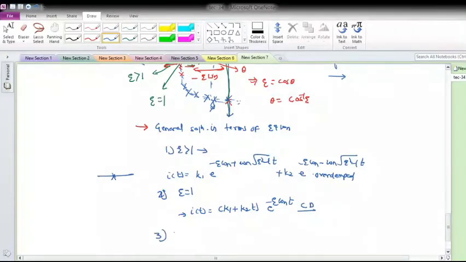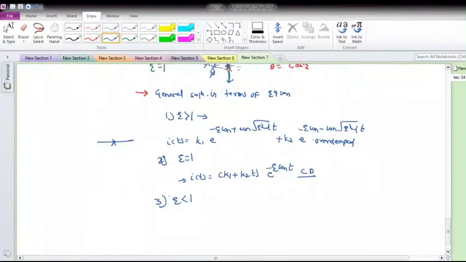Third, if zeta is less than 1, the roots occur in a conjugate pair, and the response is i of t equal to e raised to minus zeta omega n t into k1 e raised to j omega n square root of 1 minus zeta square t plus k2 e raised to minus j omega n square root of 1 minus zeta square t.